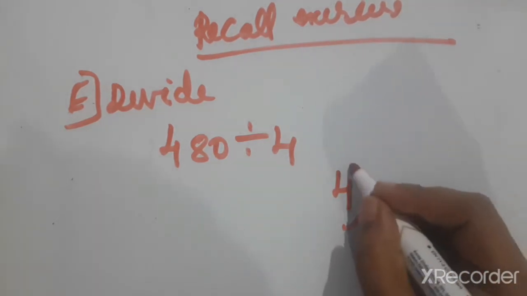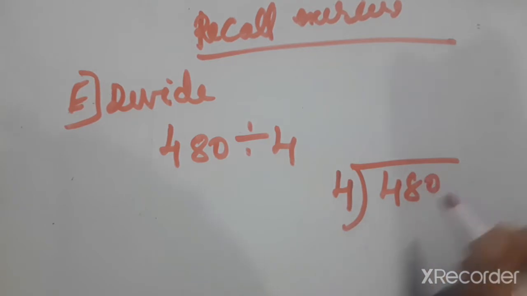So 4 here, 480. Division is a repeated subtraction of a number. When dividing numbers, the quantity will decrease. In other words, division is a method of grouping. Division is a method of distributing a group of things into equal parts.